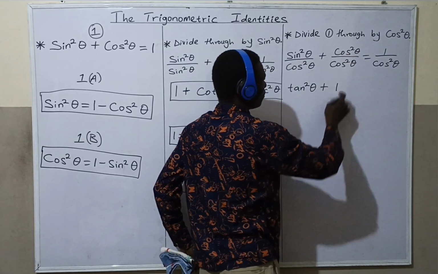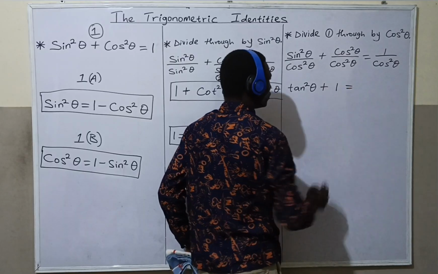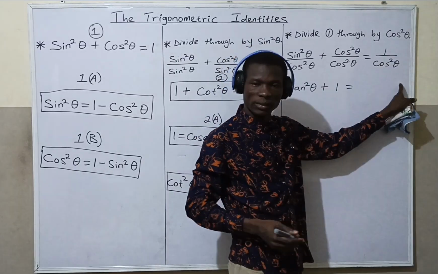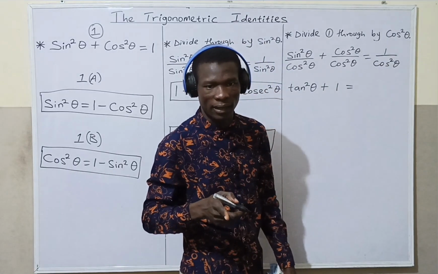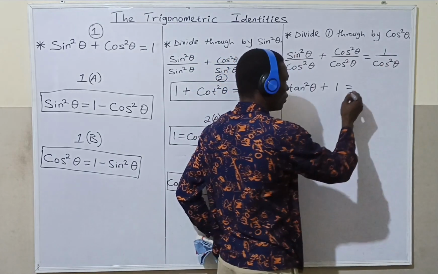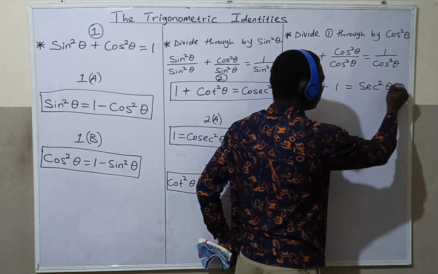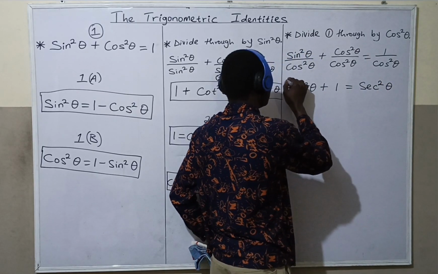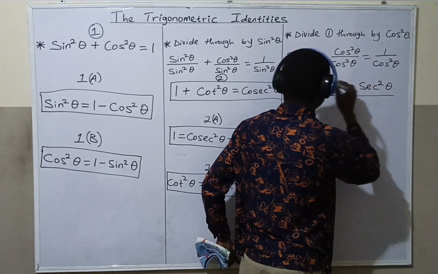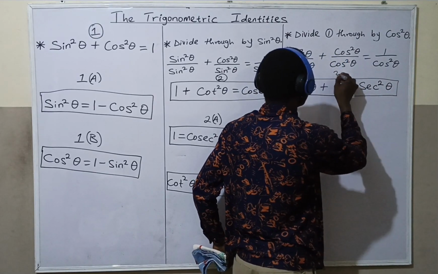That's going to be equal to 1, because they are one and the same, so they cancel out, and this is going to be equal to 1 over cos theta is sec theta. In that case, 1 over cos² theta will be sec² theta. And this, of course, we're going to call identity number 3.